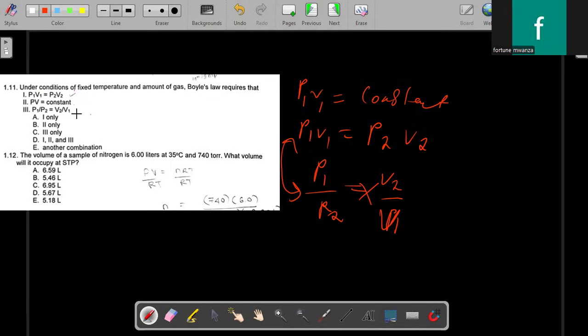So all these equations are Boyle's law. Your answer there is D.